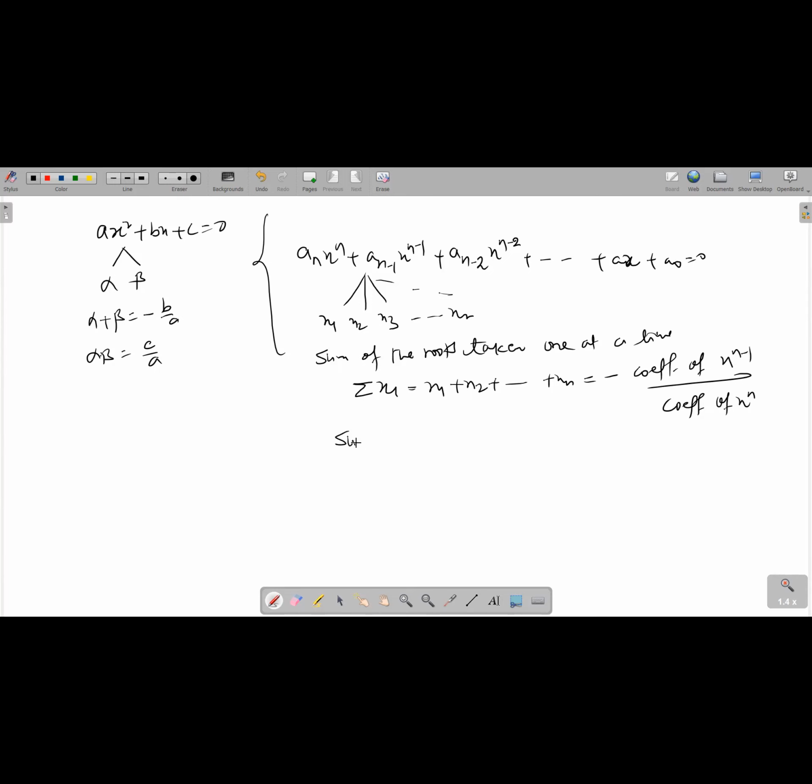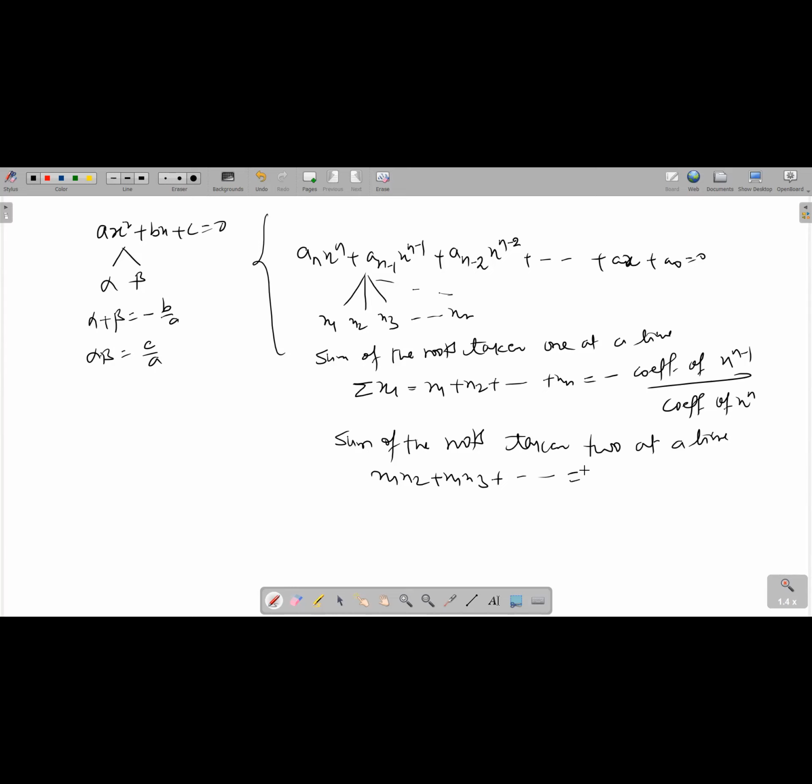After that, the sum of the roots taken 2 at a time, like x1 x2 plus x1 x3 and so on. So out of n roots, you have to make all possible combinations of two at a time.